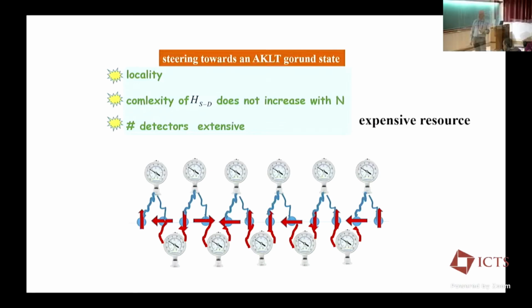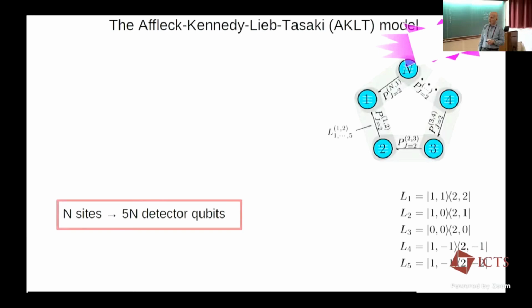But these are the three requirements. And here is how we go about it. So this is my chain with periodic boundary conditions, and this is a link.